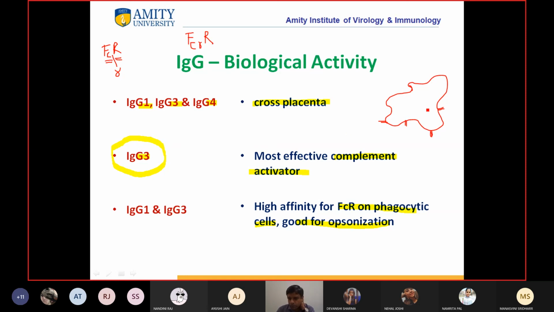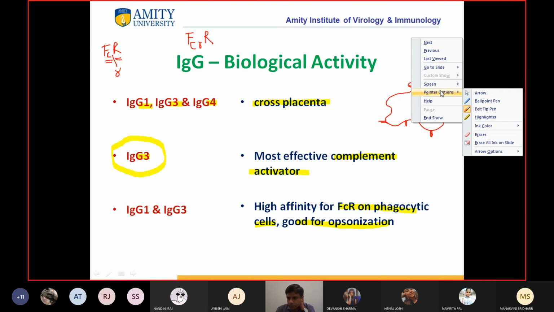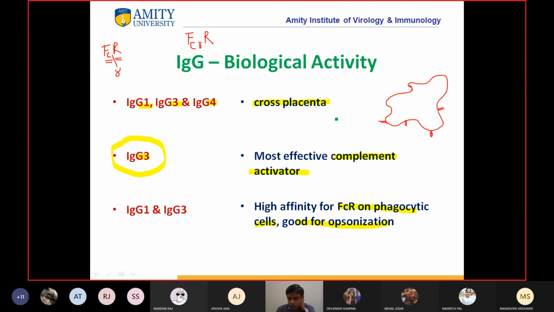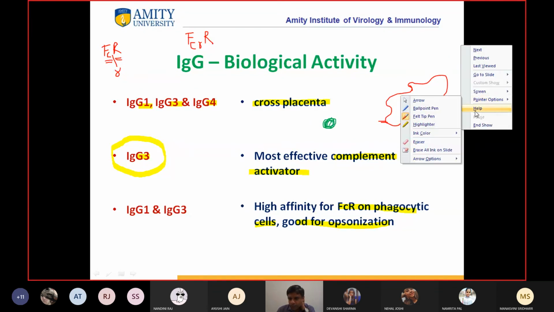Okay. So now focus here. This is your phagocytic cell. Now in your system, some antigen came. Okay. Now what happens? What binds to this antigen?